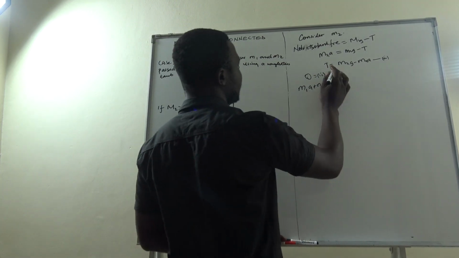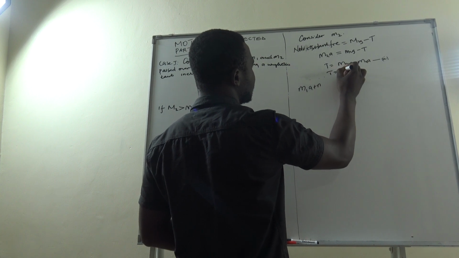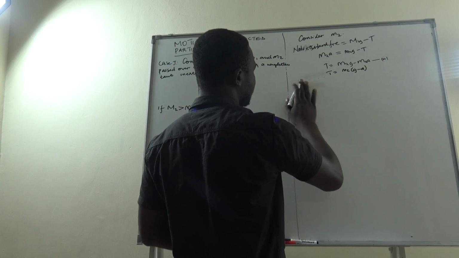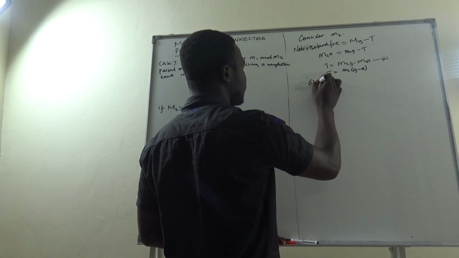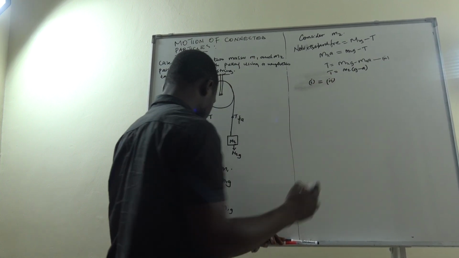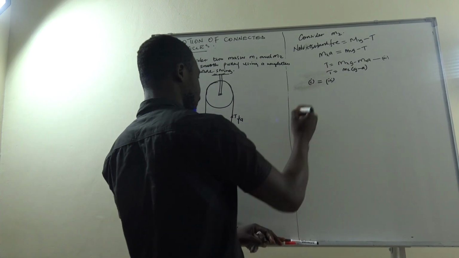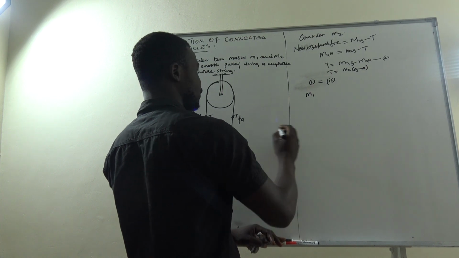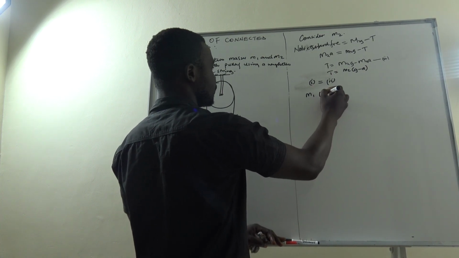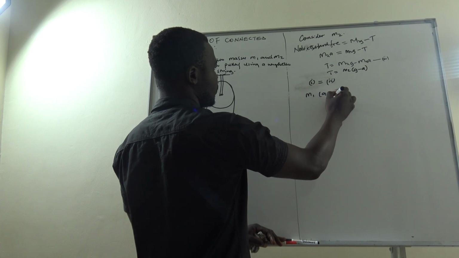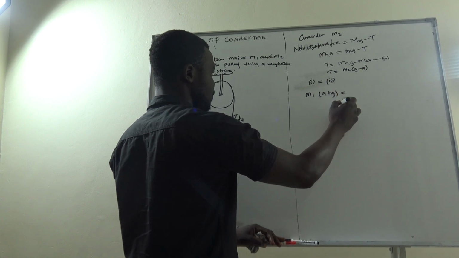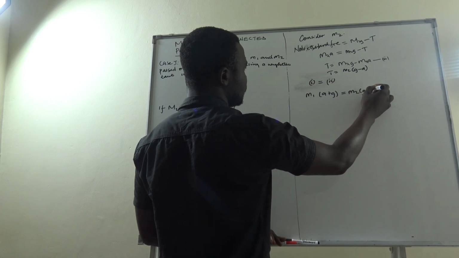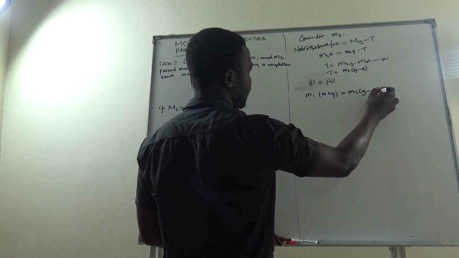And then here we say this T is M2 into G minus A. So equation 1 is equal to 2. Equation 1 is M1 into A plus G, and it should be equal to M2 into G minus A.